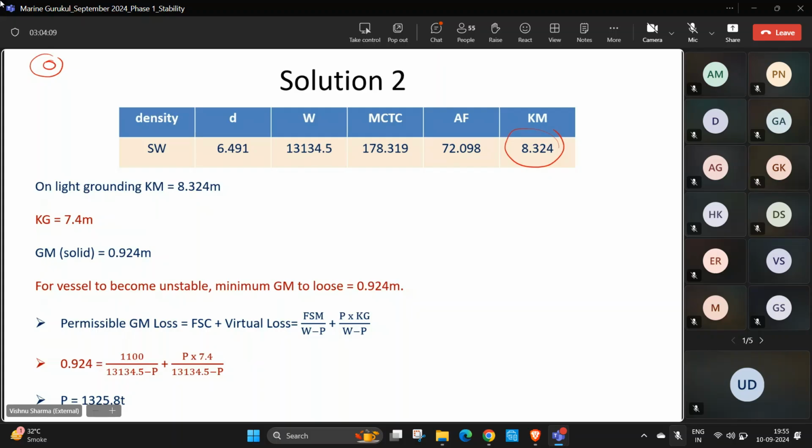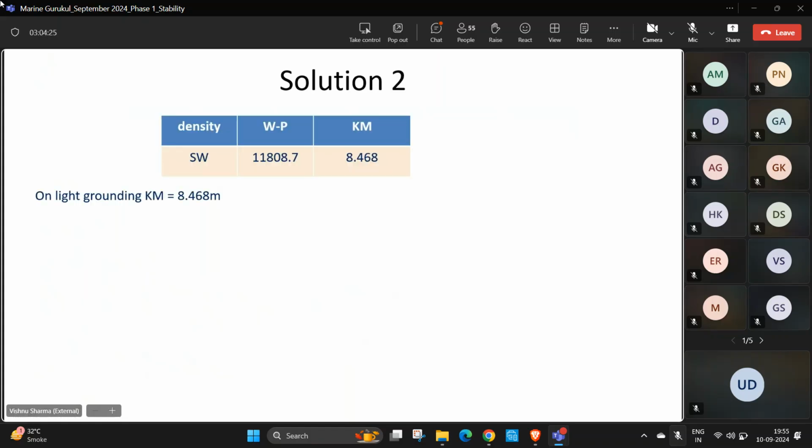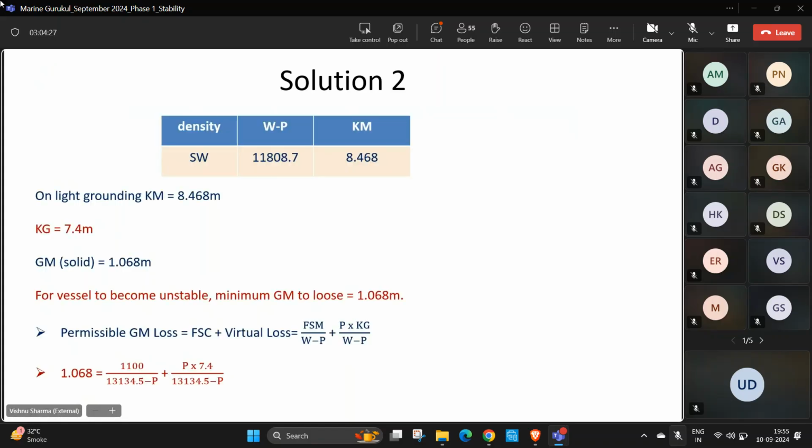Okay, fine. Anybody else? It is 1529 or 1526, just confirm. It's 1526.6 tons. Okay. Is that good with everybody?